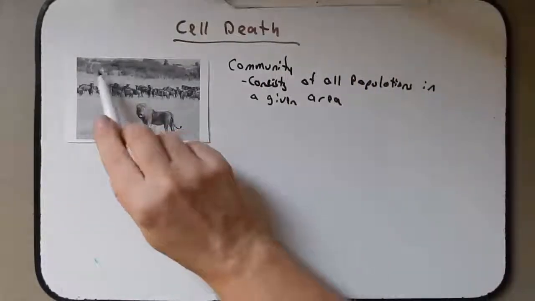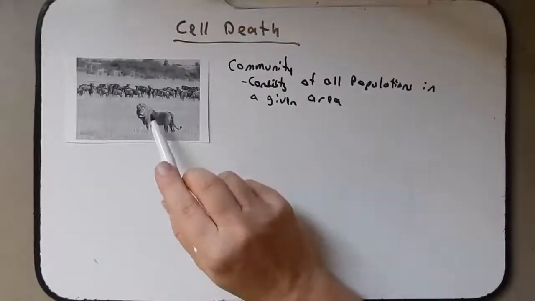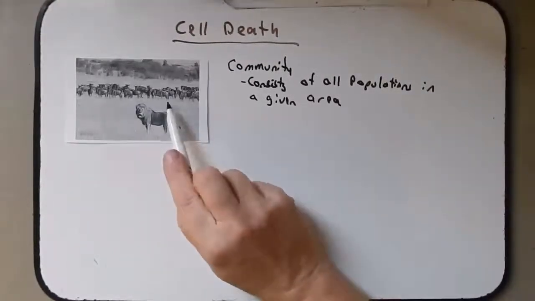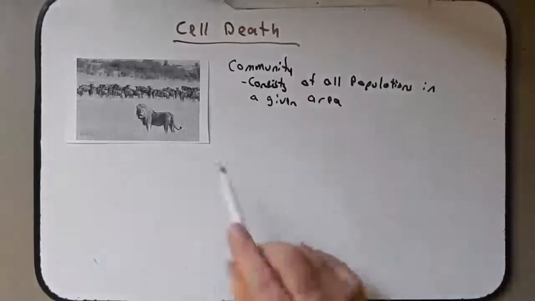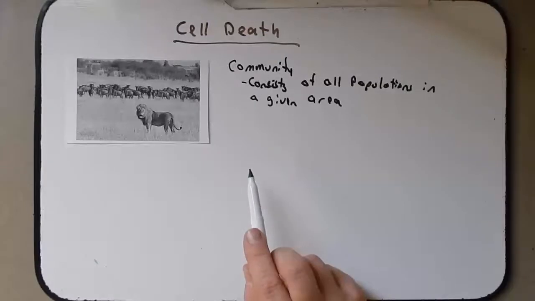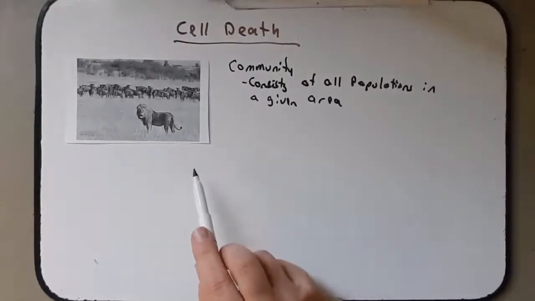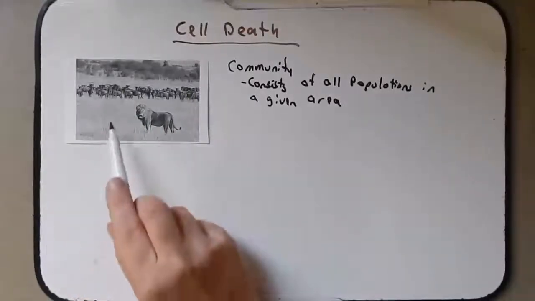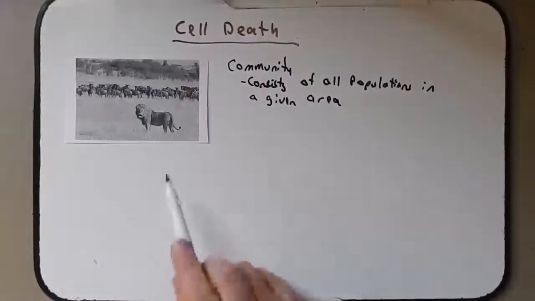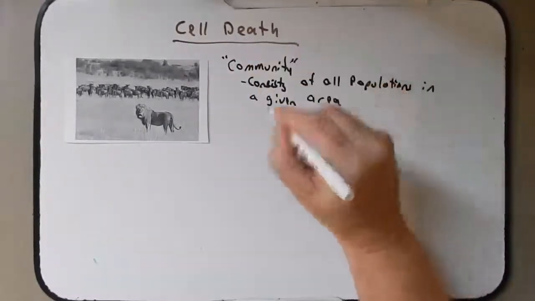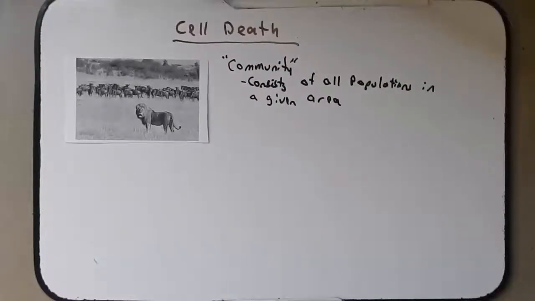So for instance, in this African savanna, you have populations of lions, populations of, I don't know if these are wildebeest, I can't tell, the picture's too small and my eyes are too bad. But you have populations of wildebeest, you have populations of antelope, you have populations of insects that we can't see, we have trees that exist in a population, the grass is here, all the other animal and plant populations here that we can't see. And they exist as this community because each of these populations rely on each other.